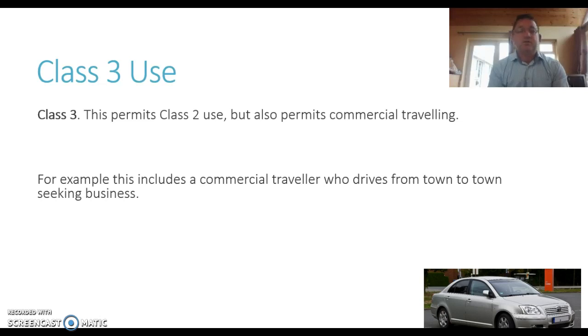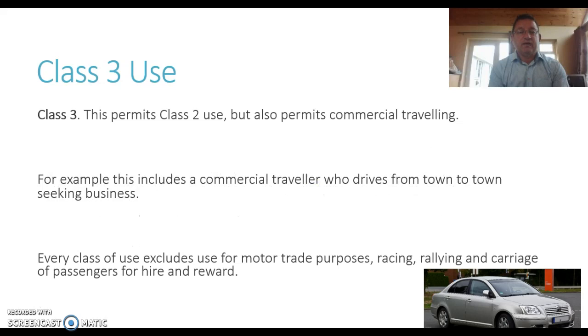These drivers who need Class 3 will often do a high amount of driving. There will be higher mileage as a consequence, and it does include the carriage of samples and goods. Again, every class of use will exclude use for the motor trade, racing, rallying, and carriage of passengers for hire or reward.